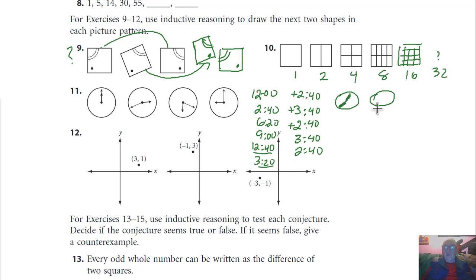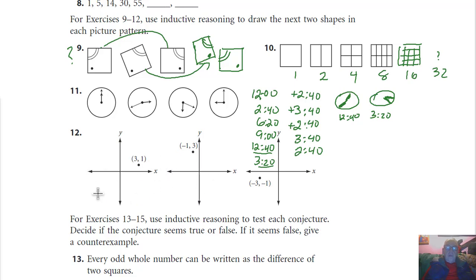And for the 3:20, we're going to have the hour hand a little bit past the 3, and the minute hand is going to be right at around the 20, something like that. So I'm calling this one 12:40. I'm calling this one 3:20.